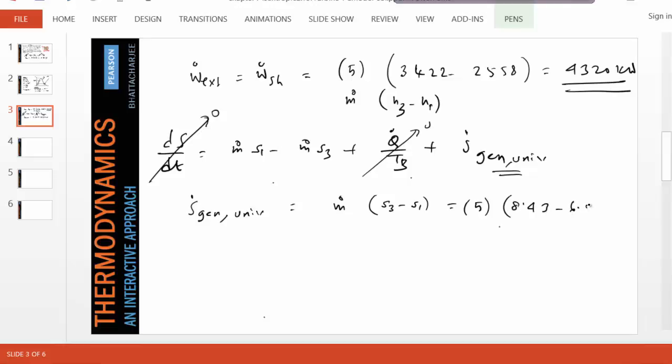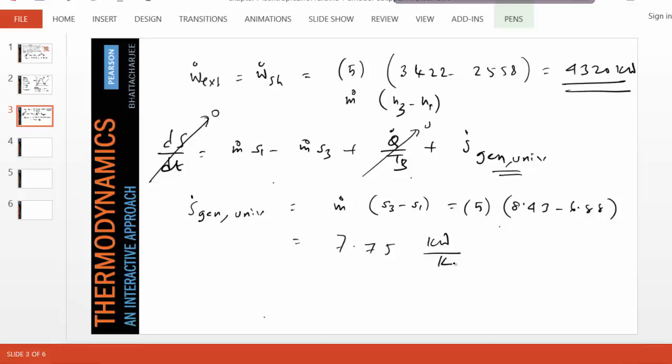Substituting that gives us the answer of 7.75 kilowatt per Kelvin. So we have found the entropy generation rate, and we have found the external work from this turbine.